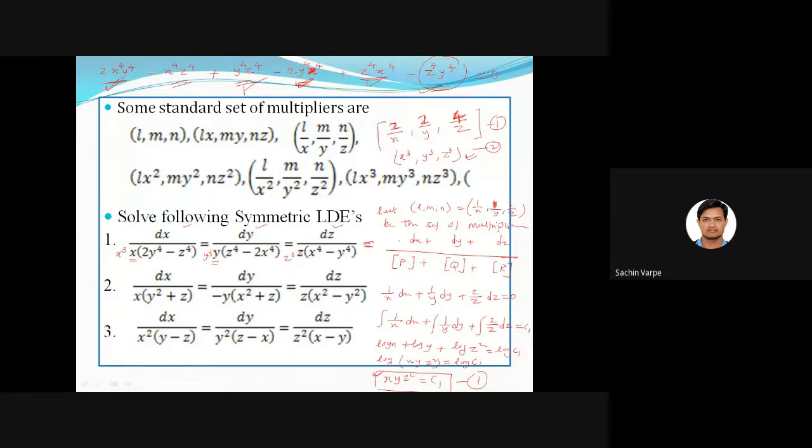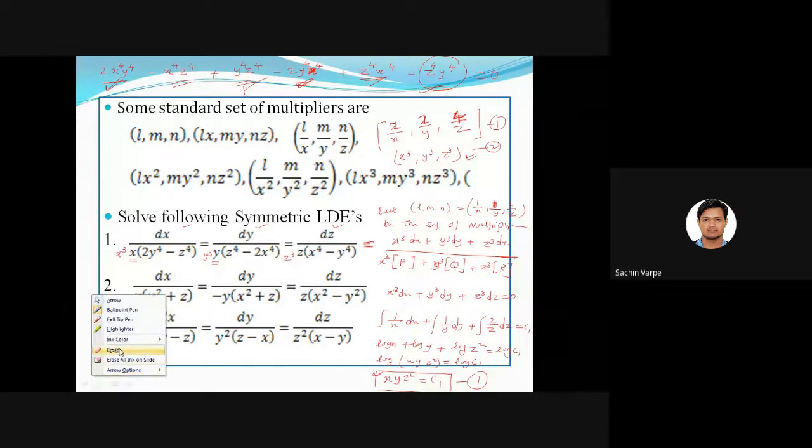It will be x cube dx, y cube dy, z cube dz, over x cube p, y cube q, and z cube r. So the denominator is 0, and therefore the numerator also will be 0. The numerator is x cube dx, y cube dy, and z cube dz. So integrate it, that will be a solution.